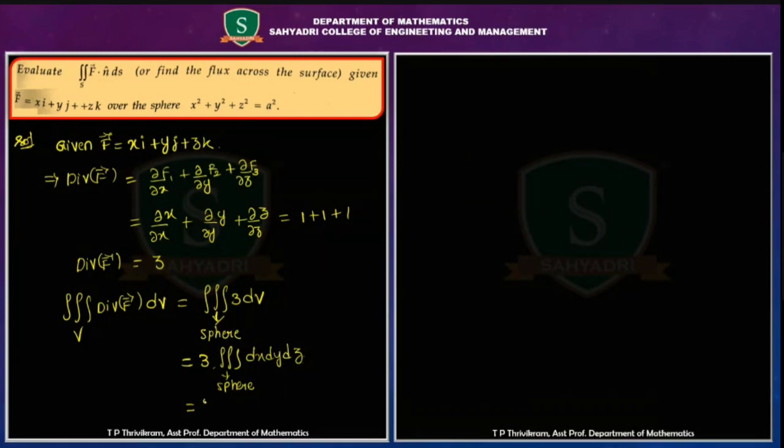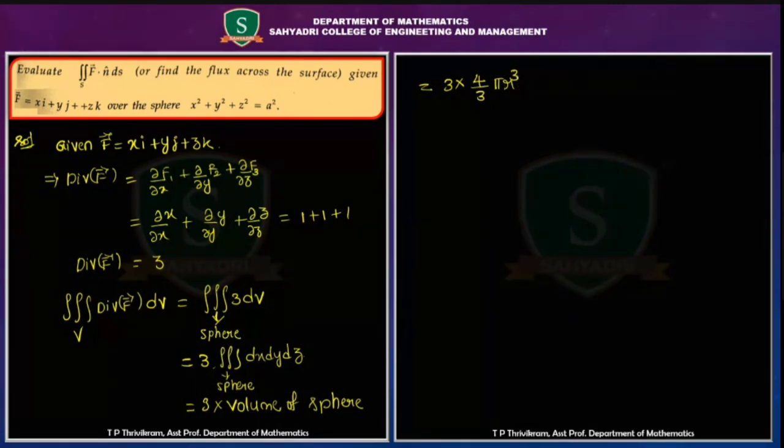So you can write this as the volume of the sphere. Whenever you apply a triple integral like this, it is converted into the volume of that region. So this is equal to 3 times the volume of the sphere, which you can write directly: 4 by 3 pi r cube, where r is the radius of the sphere.